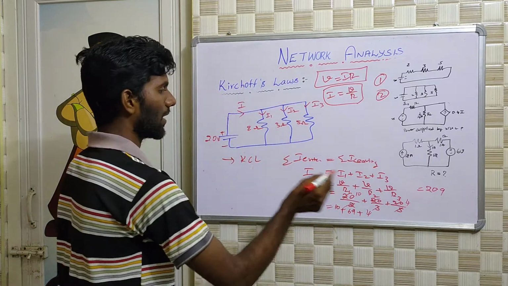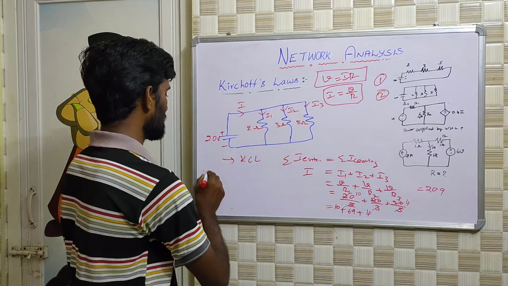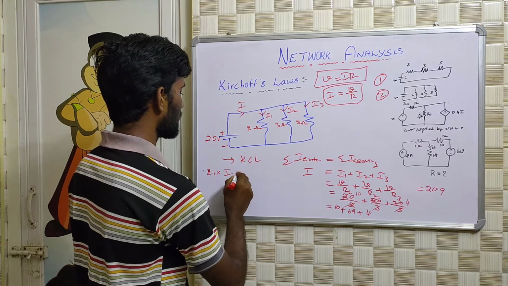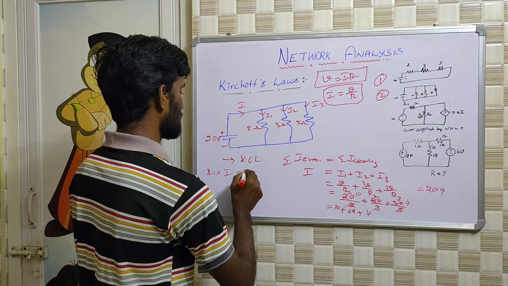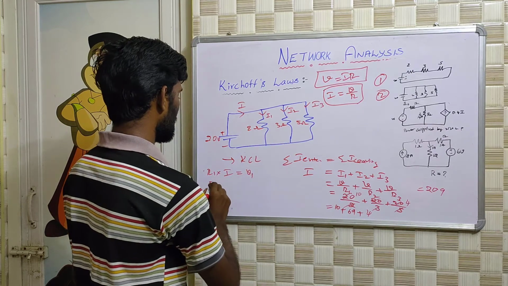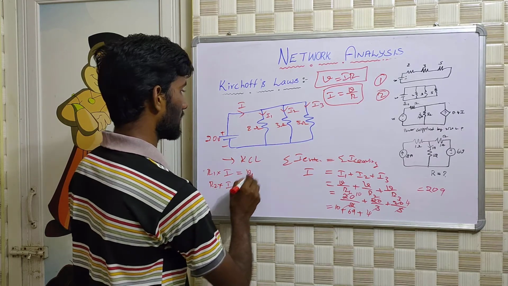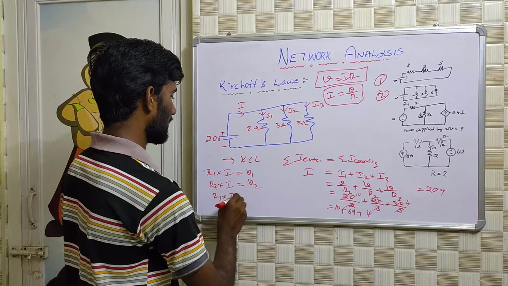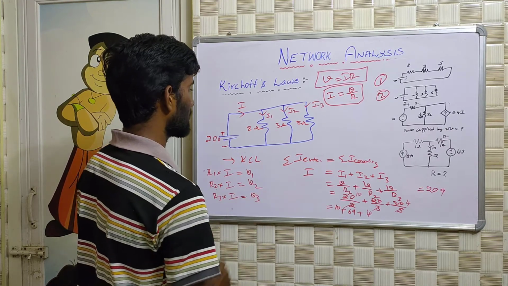Multiplying I with each resistor: R1 into I gives the voltage drop V1. Similarly R2 into I gives V2, and R3 into I gives V3.